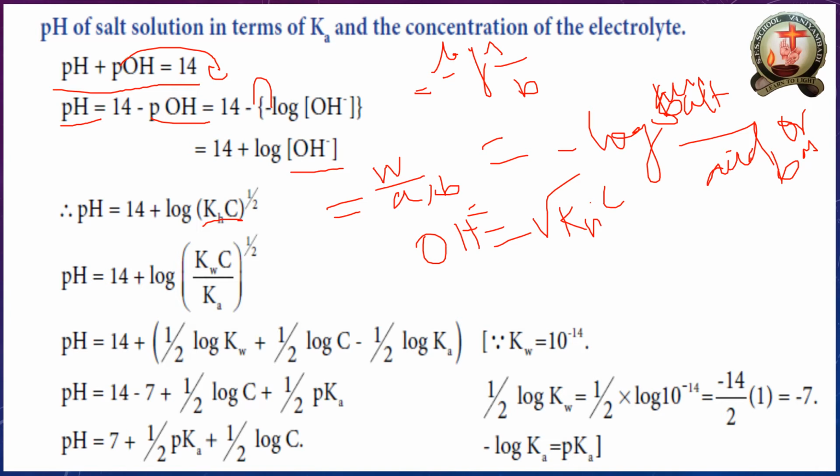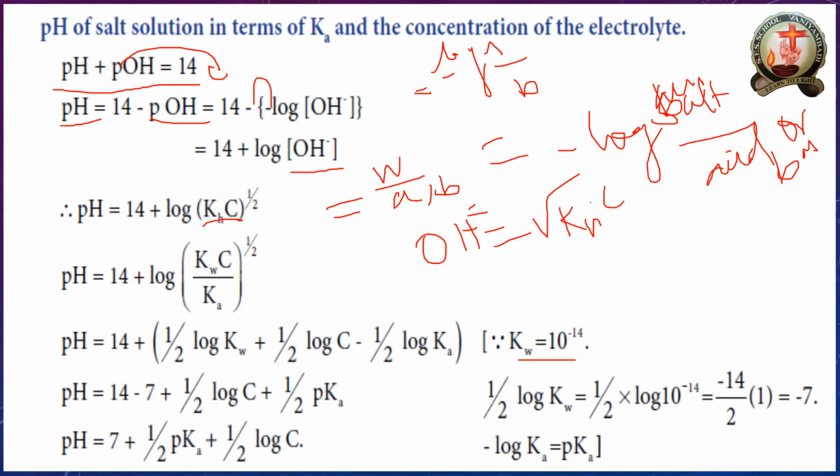So pH is equal to simple substitution of log, coming to A by B. Log 1 by 2 comes in front: log Kw plus 1 by 2 log C, minus is coming under the denominator. I am taking the minus from here, so it comes in the numerator: 1 by 2 log of Ka.